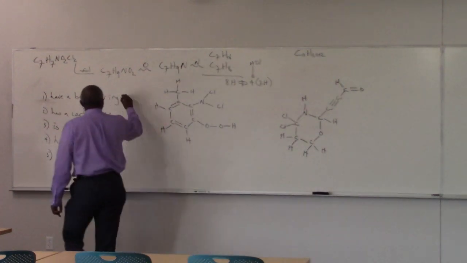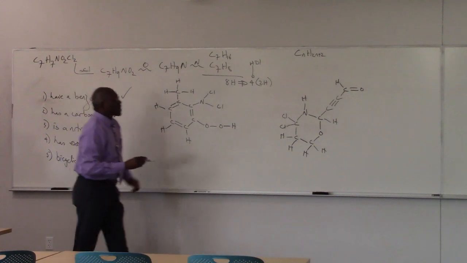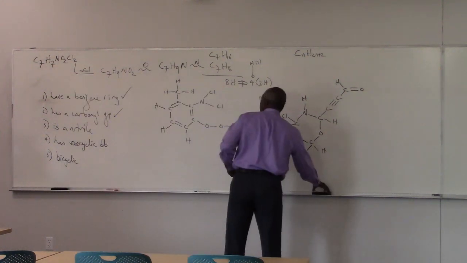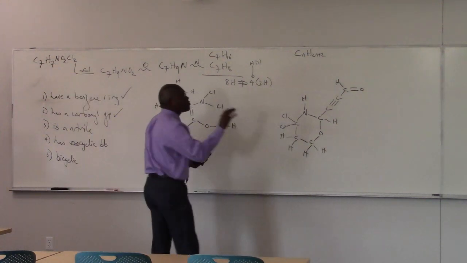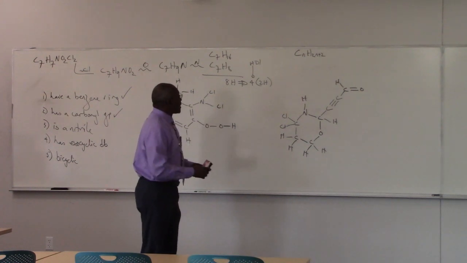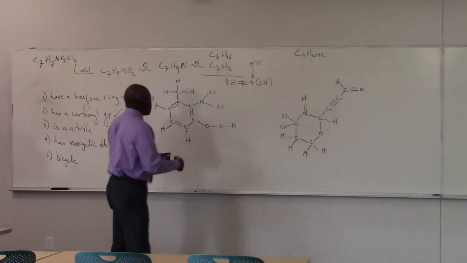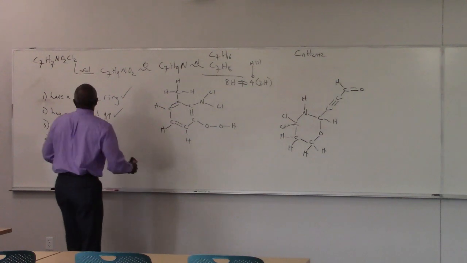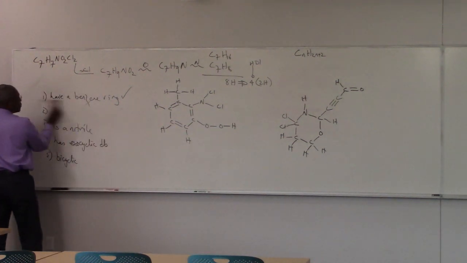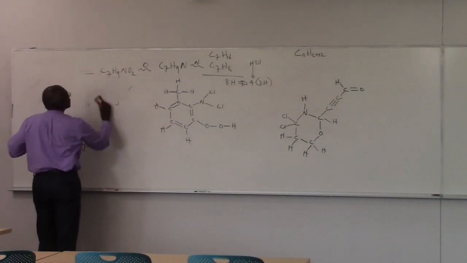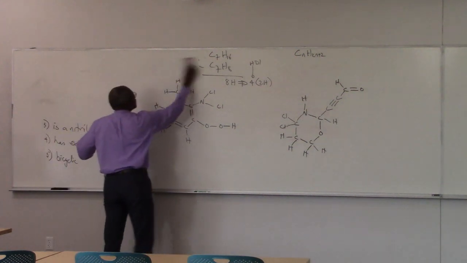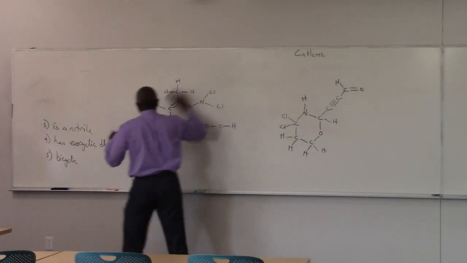Then I want to do one that is a nitrile. And if you remember, a nitrile has a carbon triple bond N. And if I know it's got a carbon triple bond N, just put it in. So why don't we go ahead and get some room up here. So I know it's got a nitrile, and I'll put that in.